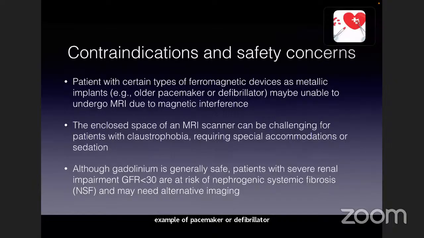The enclosed space of the MRI scan can be challenging for patients who have claustrophobia. Although gadolinium is generally safe, patients with severe renal impairment, GFR less than 30, are at risk of nephrogenic systemic fibrosis.